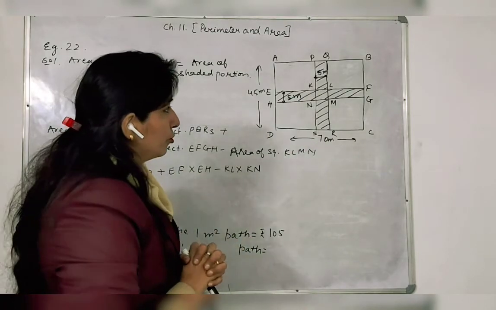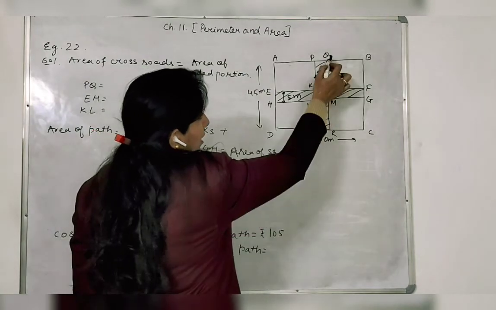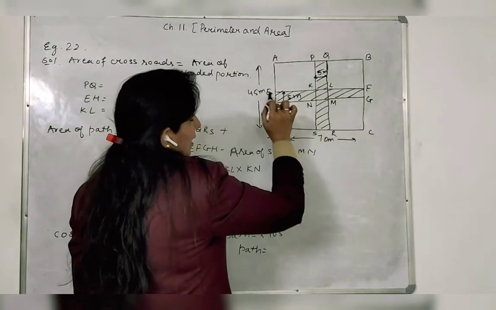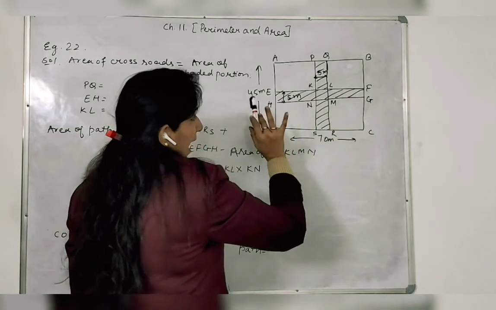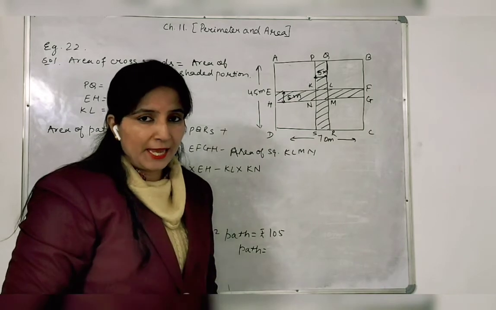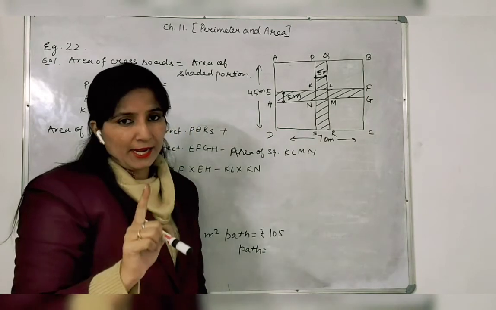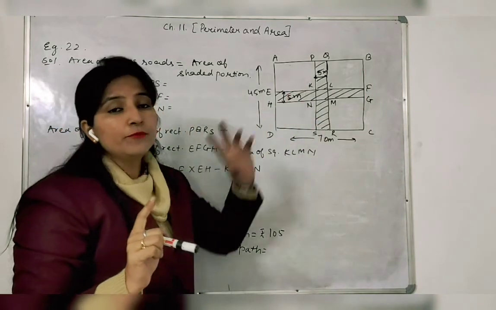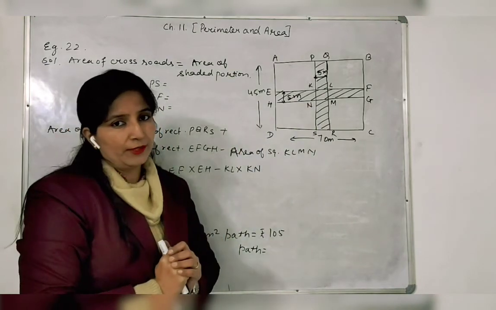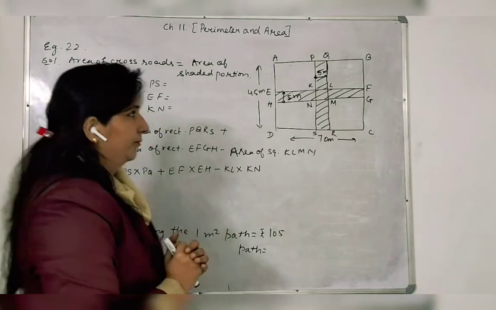So what should we do to calculate the exact area? We add both the areas, area of rectangle PQRS and area of rectangle EFGH, and we subtract the area of the square KLMN one time, because it has come 2 times. So this is the important thing which we need to take care of in this question.